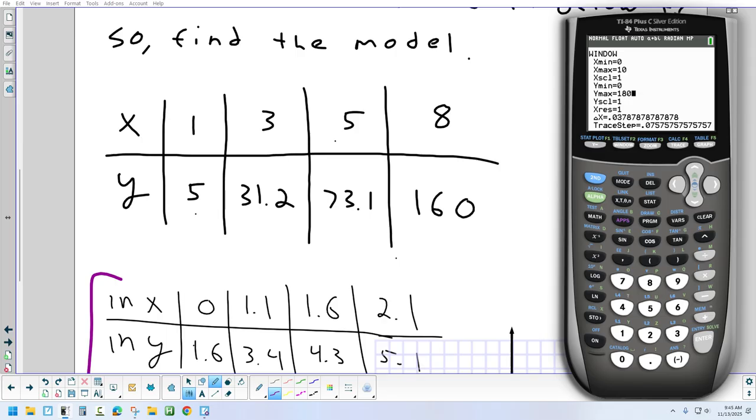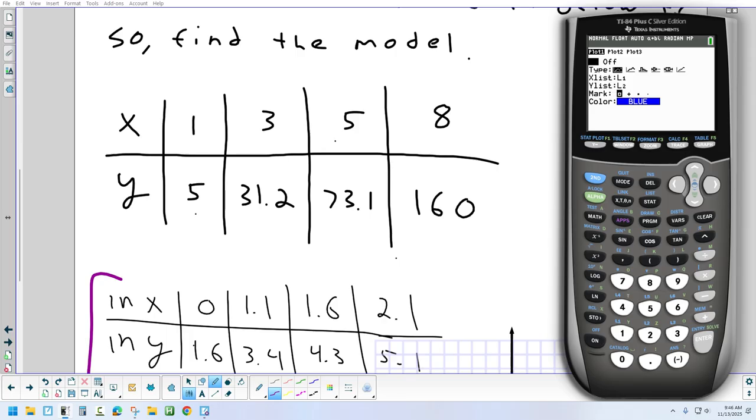Now, what we're going to do is go to y equals. Actually, we'll do something different. Clear anything that's in there first, because we don't want to have anything there. Now let's press second y equals. And we're going to turn on the first scatter plot. So where it says plot 1, plot 2, plot 3, hit enter on plot 1. And instead of having it off, just turn it to on.